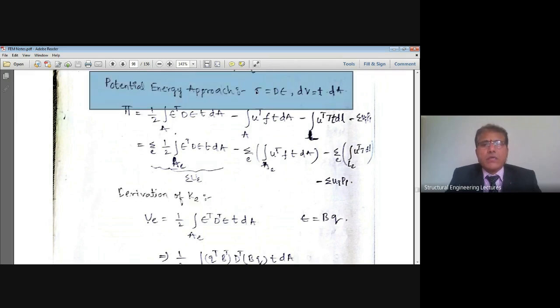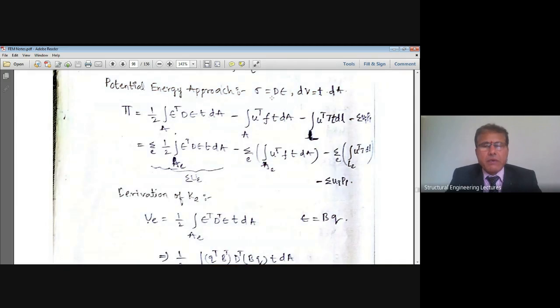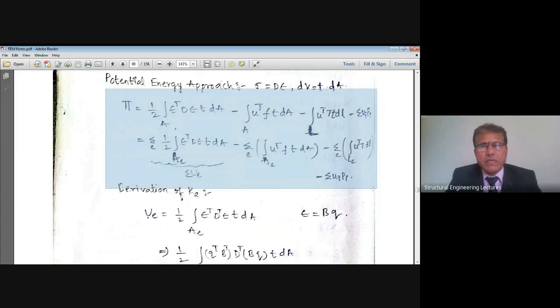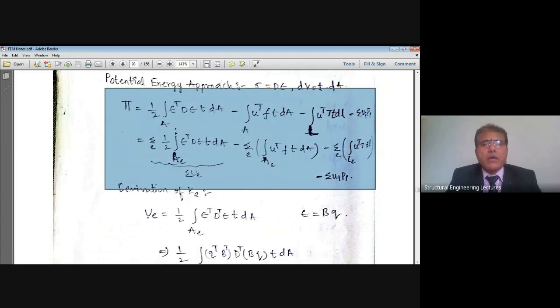Then we know that stress sigma is given by D multiplied by epsilon, where D is the material property matrix and epsilon is the strain. And we also know dV, the elemental volume of a small element, is given by t multiplied by dA. And we also know that the potential energy of that 2D continuum is given by this equation: half integration over all such elements having an area A, epsilon transpose D multiplied by epsilon multiplied by dV, where dV is equal to t multiplied by dA.